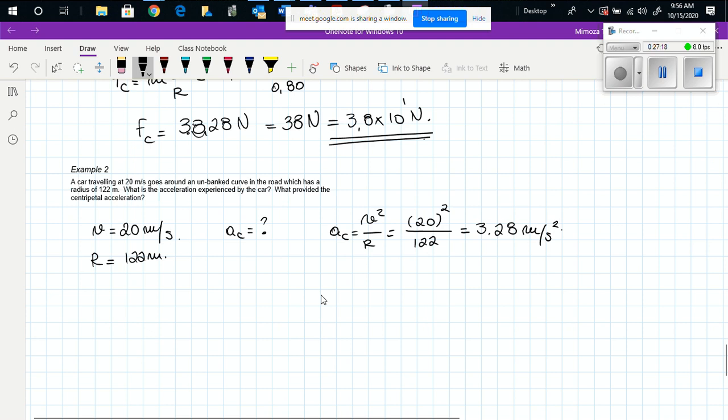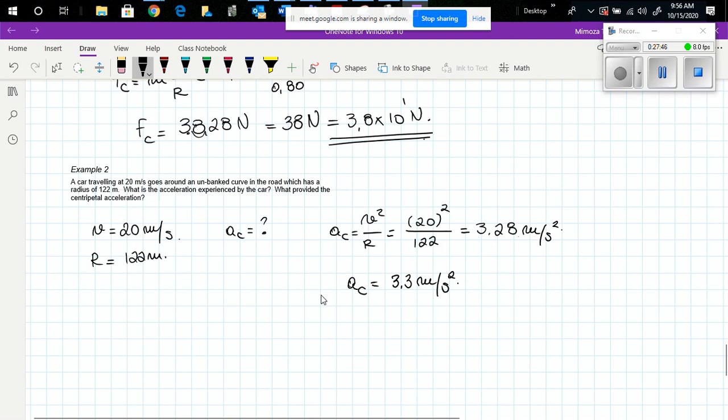Okay, so I have 3.28, and if we are taking into consideration significant digits, then we can say that centripetal acceleration is 3.3 meters per second squared.